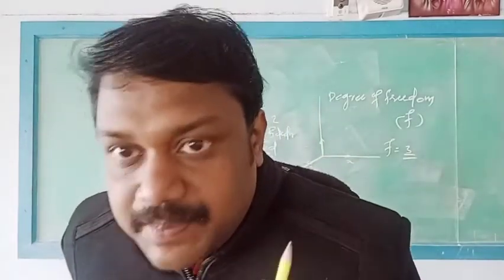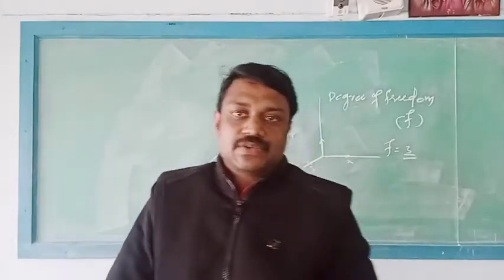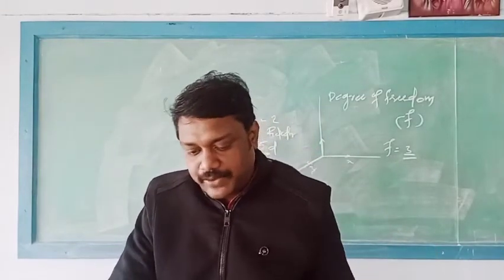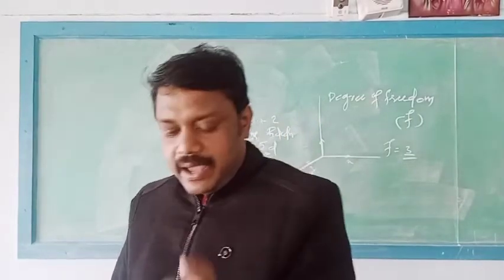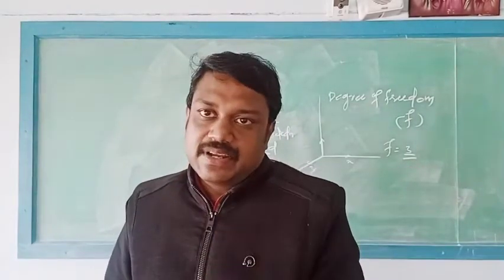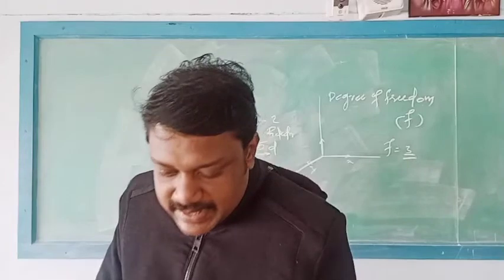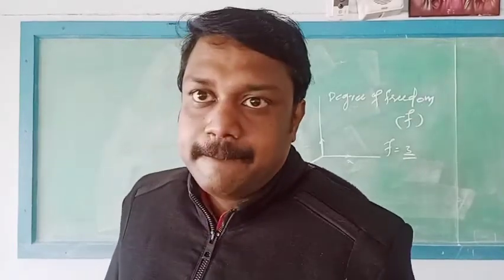Those are the possible ways of movement or possible ways of heat transfer. That is degree of freedom. Any polyatomic molecule has 3 translatory as well as 3 rotatory, so it has 6 degrees of freedom.